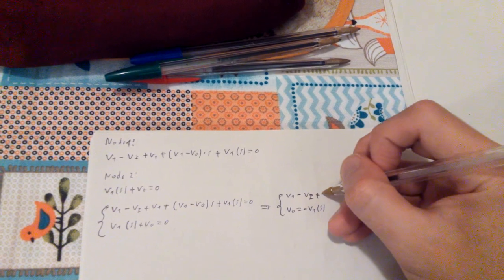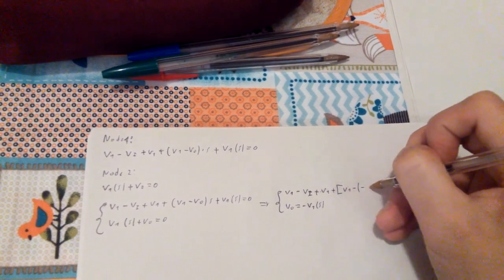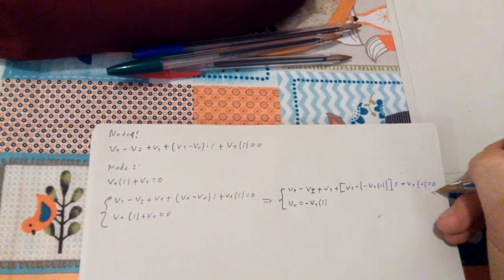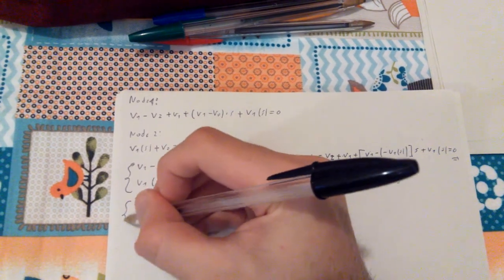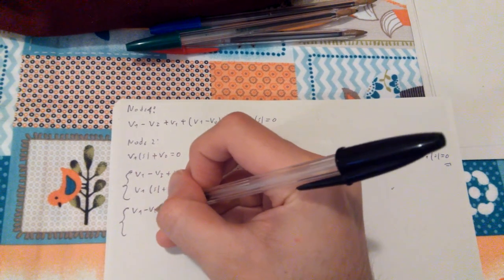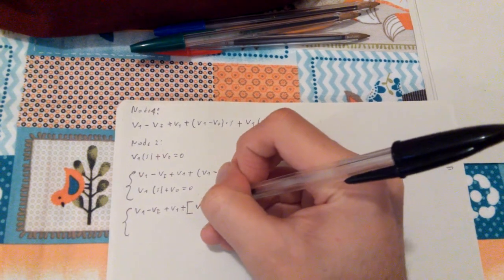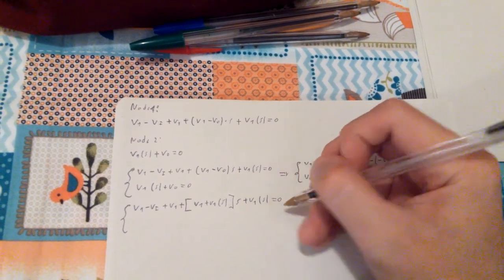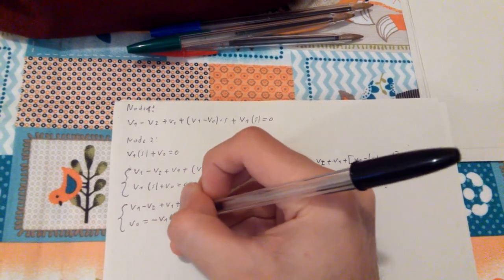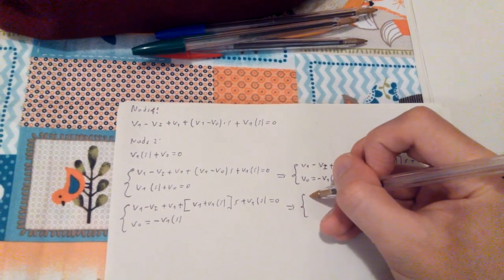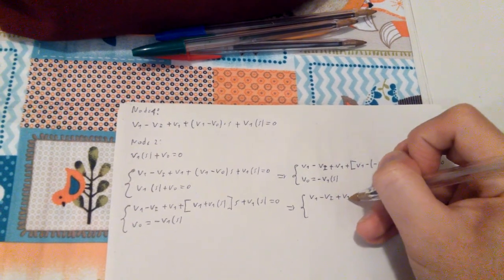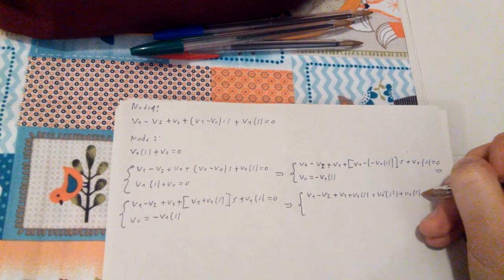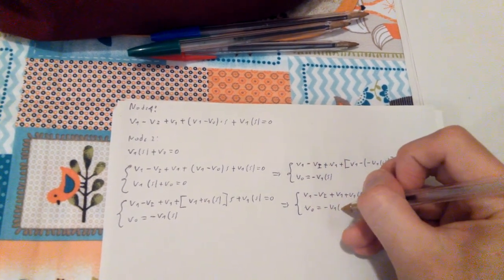So we'll have V1 minus Vi plus V1 plus V1 minus negative V1 of S, everything times S, plus V1 of S equal to 0, and this is still V0 equal to negative V1 of S. And this will give us V1 minus Vi plus V1 plus V1 of S plus V1 of S squared plus V1 of S equal to 0, and V0 equal to negative V1 of S.